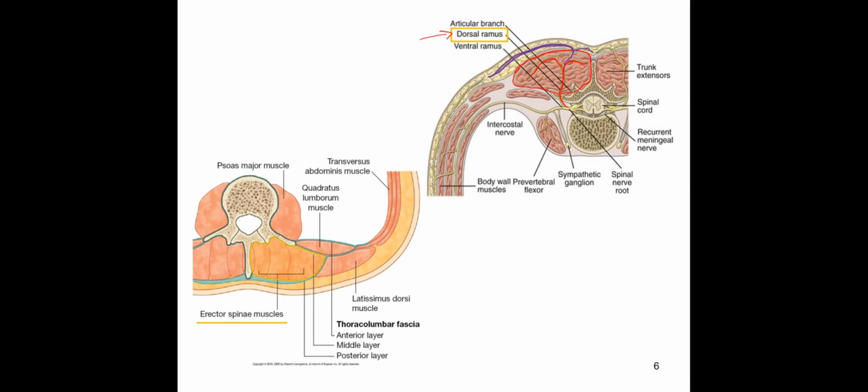So if you were a 6-year-old boy, and you got stung by a bee here, or here, or here, you get the drift. That sensory information in the deep back overlying the vertebra would be carried by the dorsal ramus.